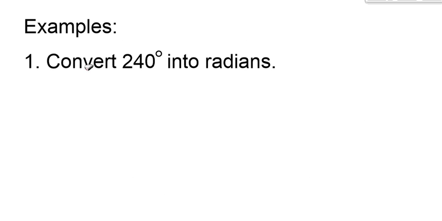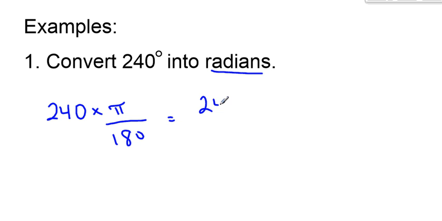So let's look at how to do that math really quickly. If I have 240 degrees and I want to write that in radian form, I need to introduce radians and get rid of degrees. So that gives me a fraction of 240 pi over 180. And so all I want to do now is reduce 240 over 180. I want to leave pi in there so that I leave it in exact form. So 240 over 180, well, 24 over 18, they're both divisible by 6.